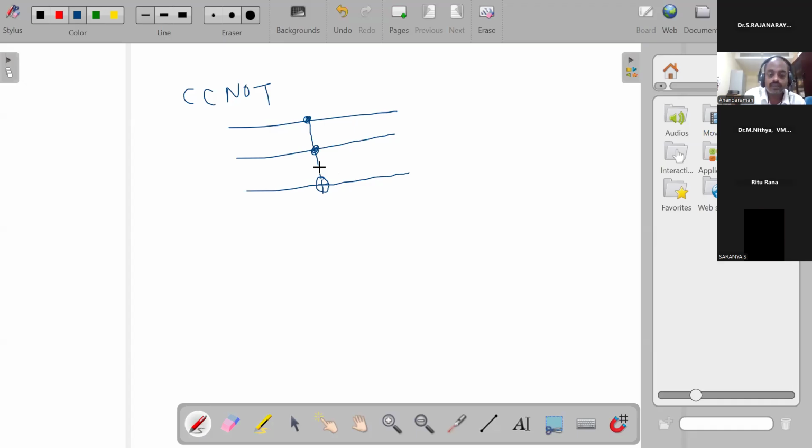So similarly here, how many states? You have 3 qubits: 0 0 0, 0 0 1, 0 1 0, 0 1 1, 1 0 0, 1 0 1, 1 1 0, 1 1 1. 8 states.